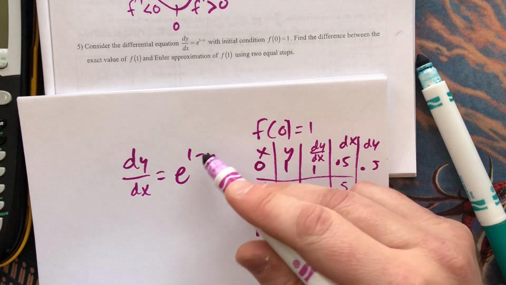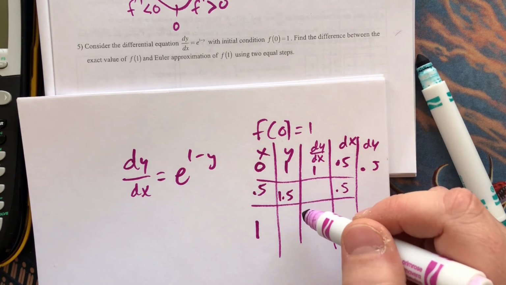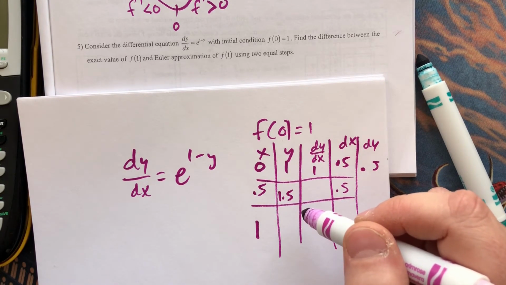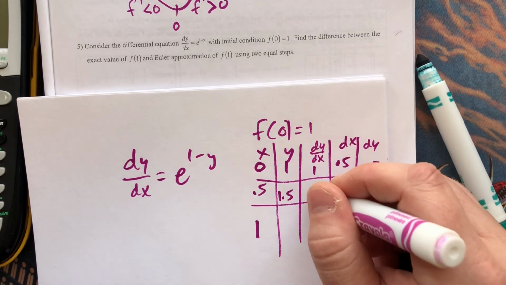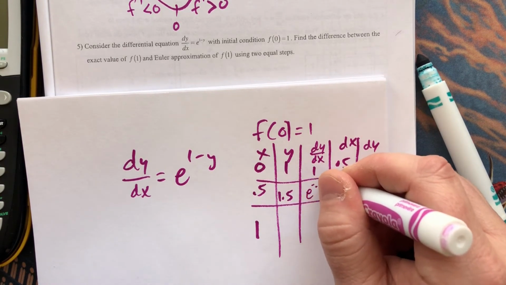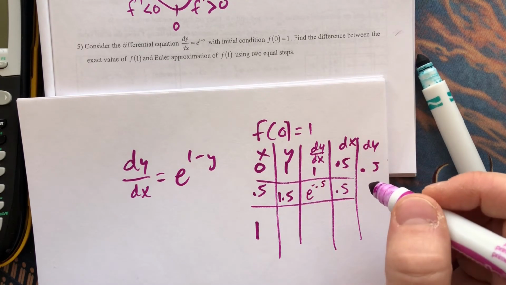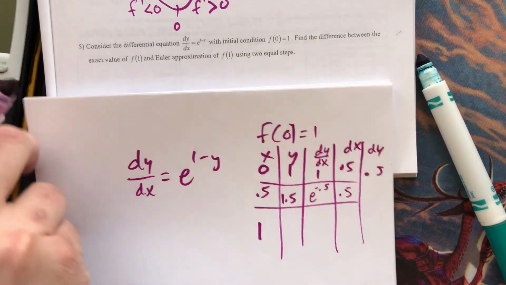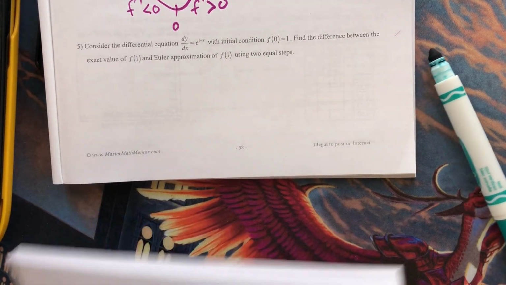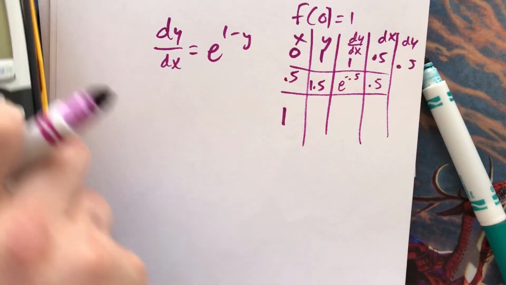So that means our new dy dx is going to be e to the 1 minus 1.5. So that's going to be e to the negative 0.5. Never mind, I think this will be a calculator question.